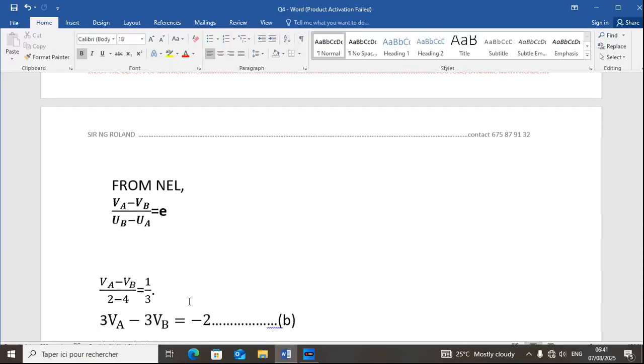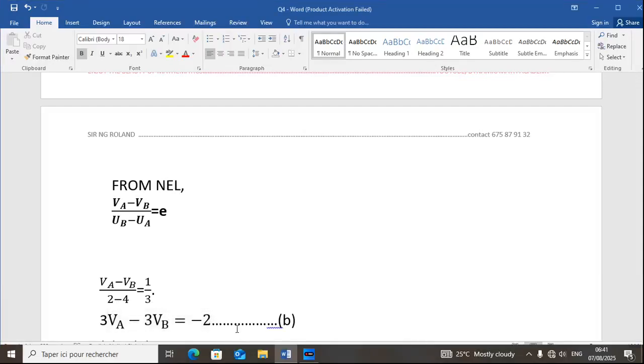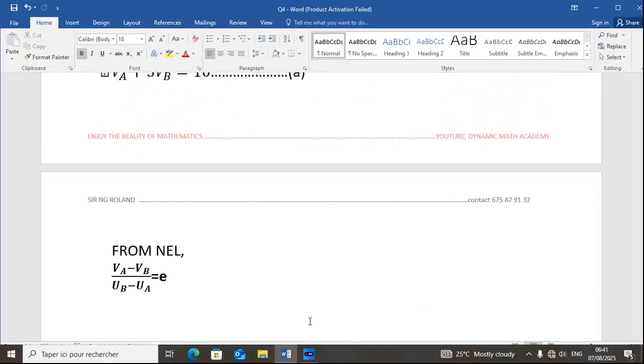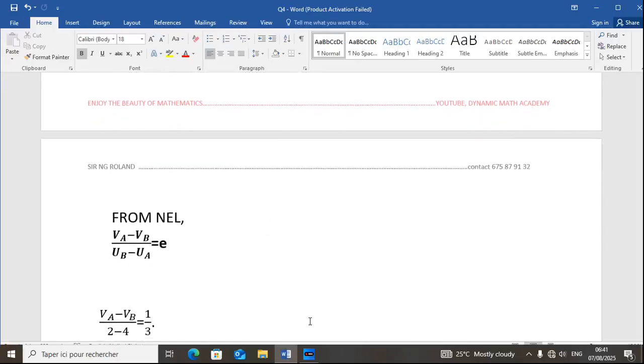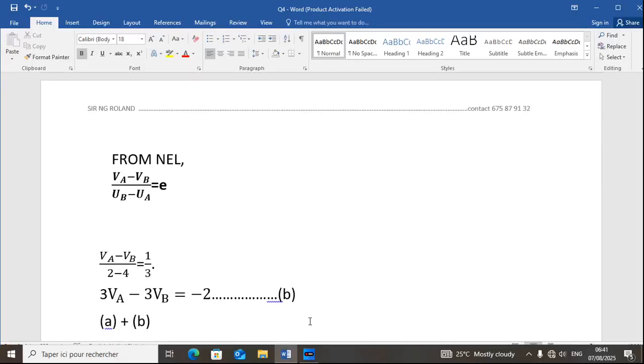So if you simplify this and cross multiply, we're going to have 3VA minus 3VB equals 2 minus 4, which is actually negative 2. You can call it equation B. So now we have equation A and equation B. If you add them together, we have to eliminate one variable.